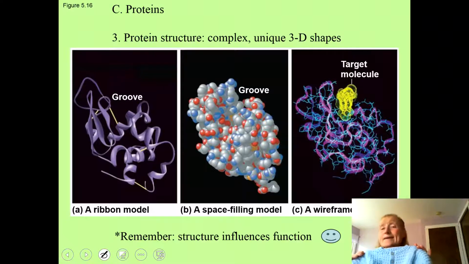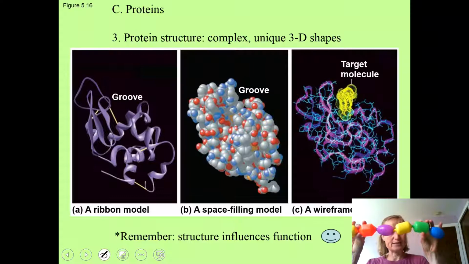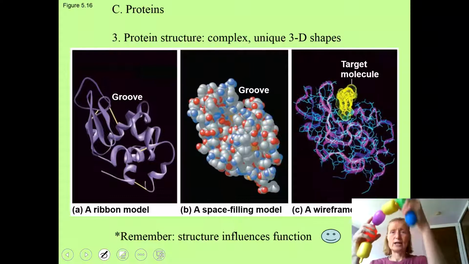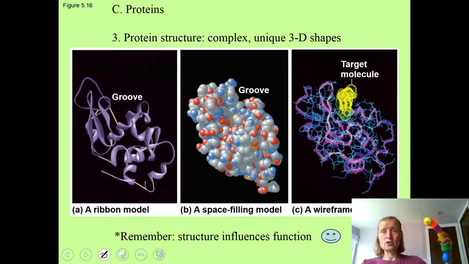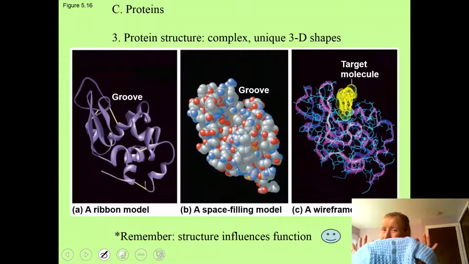In any case, proteins are a bit like knit sweaters. You start with a very simple yarn, a simple chain of amino acids, and you fold that chain in certain ways, and it makes a complex three-dimensional shape, just like knitting makes a complex three-dimensional sweater with different shapes.